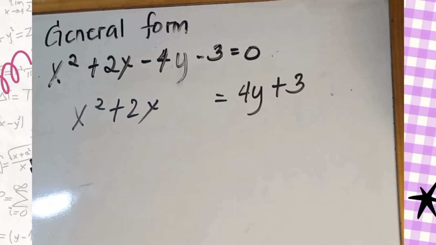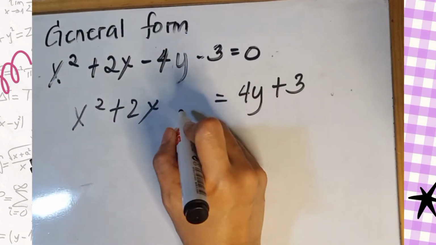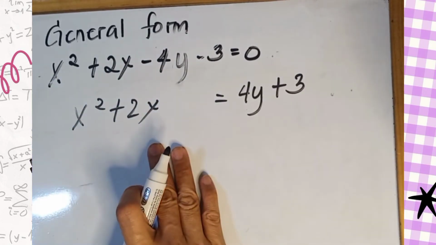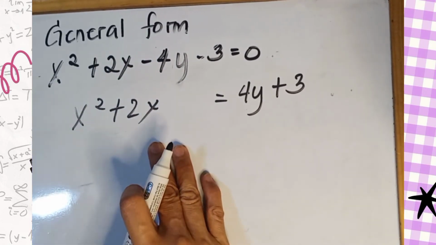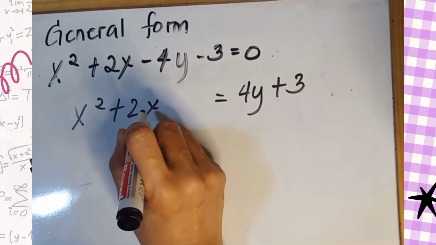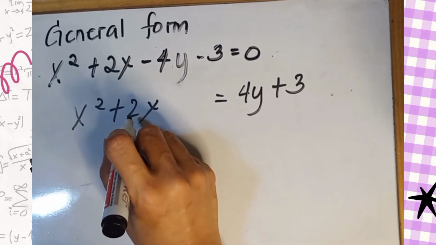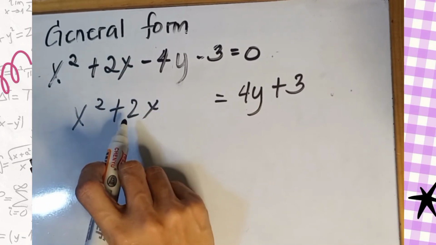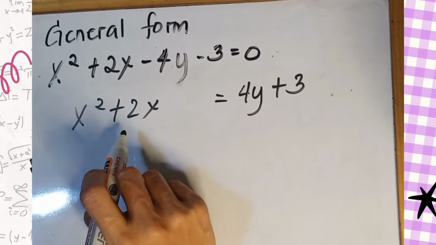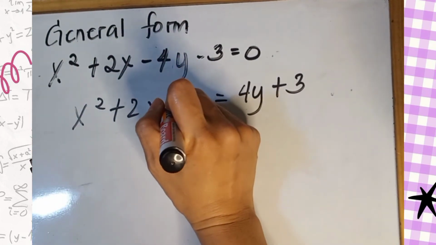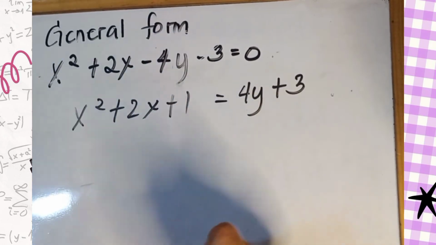And by applying the technique of completing the square, kunin natin yung kanyang missing term dito para maging perfect square trinomial siya. So, again, paano natin makukuha? Divide the second term by 2, or yung numerical coefficient ng second term which is 2, divided by 2, that is 1. And 1 squared, that is still 1. So, positive 1.